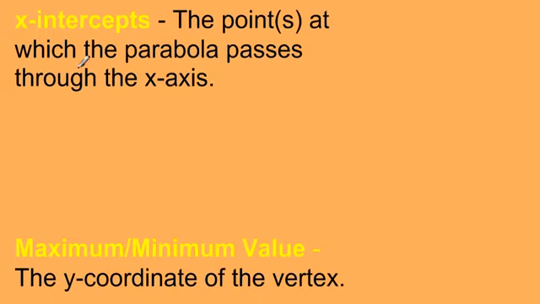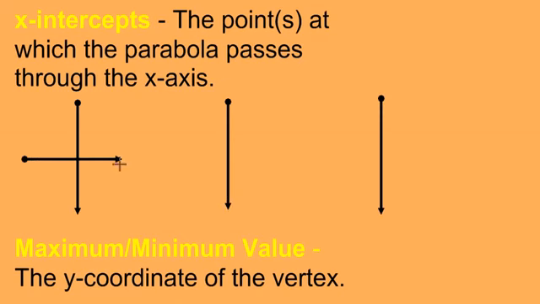X-intercepts then are points at which the parabola passes through the x-axis. So y-intercept passes through the y-axis. X-intercept passes through the x-axis. So let's get a few here. Okay, if I was going to label these my x and y, the y is always the vertical, x is always the horizontal.